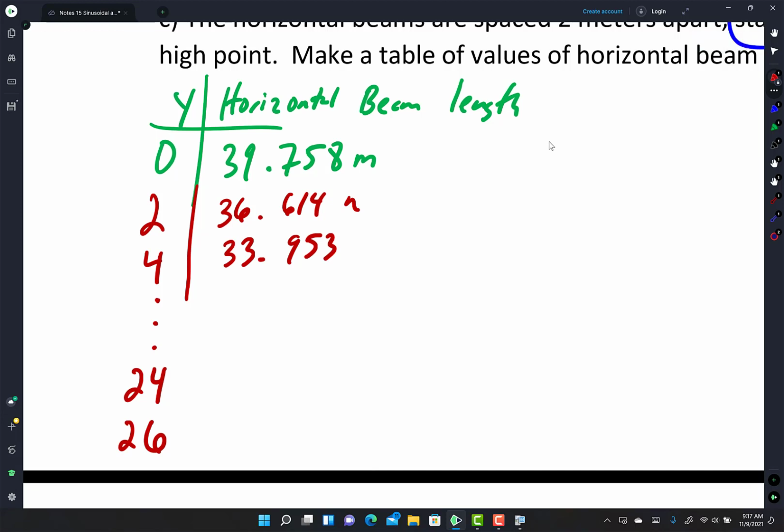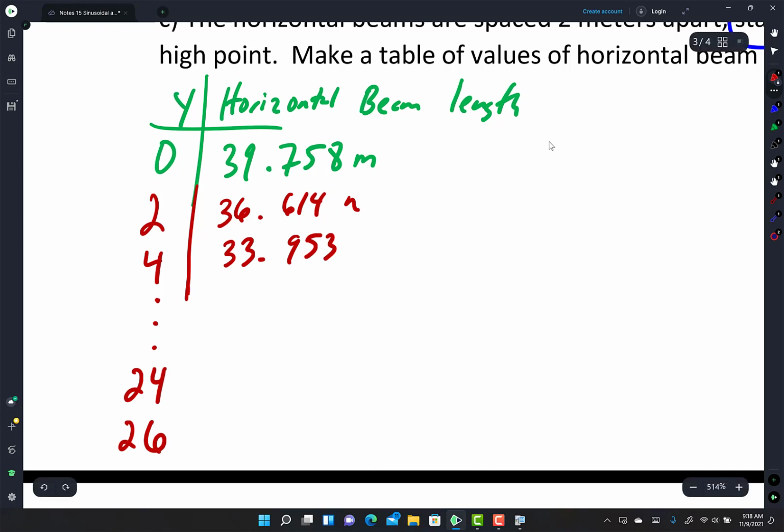Yes, the last one's 26, because do I go higher than 27 meters? No, so at 28, there's going to be error. It better say error after. Good. You're not shocked it says error, because it only goes up to 27 meters.